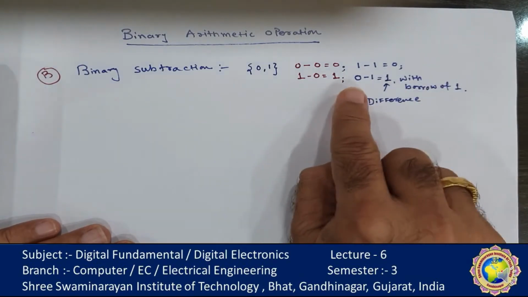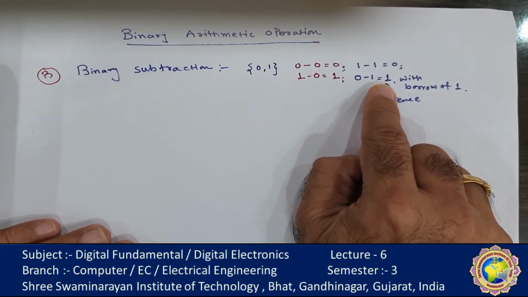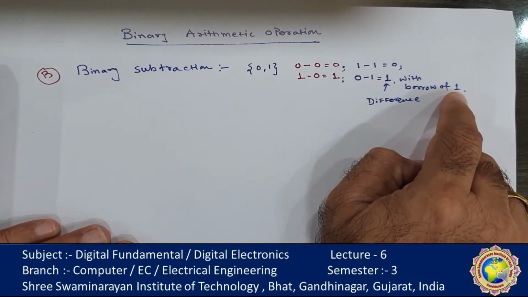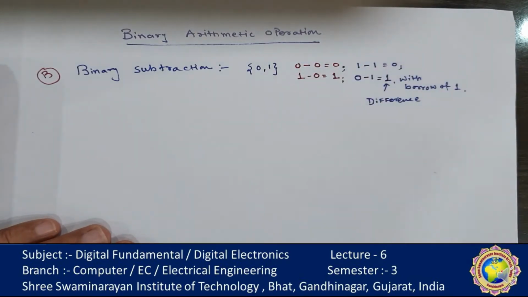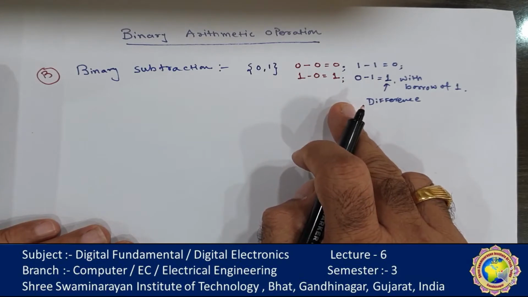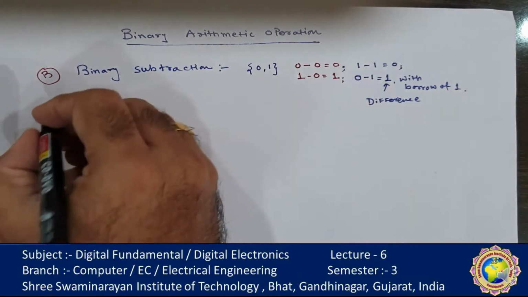Here we always remember that 0 minus 1, the difference is 1 with borrow of 1. In the remaining cases, there is no borrow. Only in one case there is a borrow. Okay. Let's take one example.